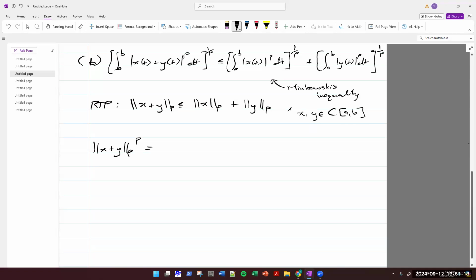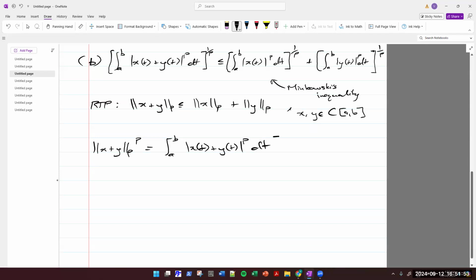We could work with it in terms of this norm symbol, but to show exactly what's going on, maybe it will be clearer if we go back to what this norm symbol means. So maybe we go back to writing the integral sign, so we see exactly what's going on, because I'm going to separate out this term in a bit. So that's what happens when I take the norm to the power of p.